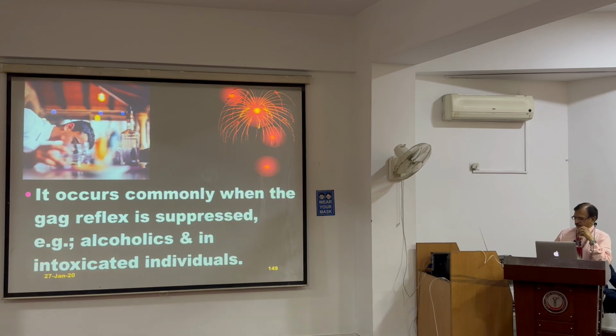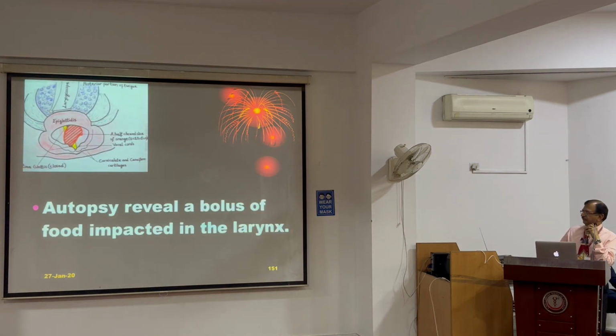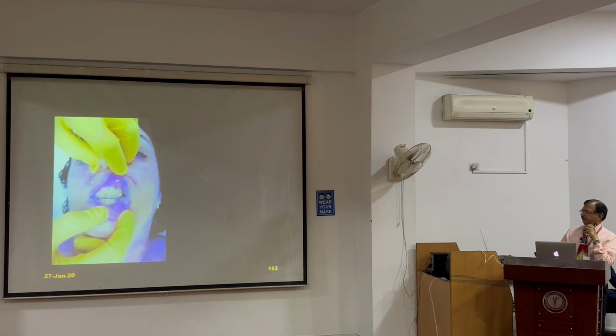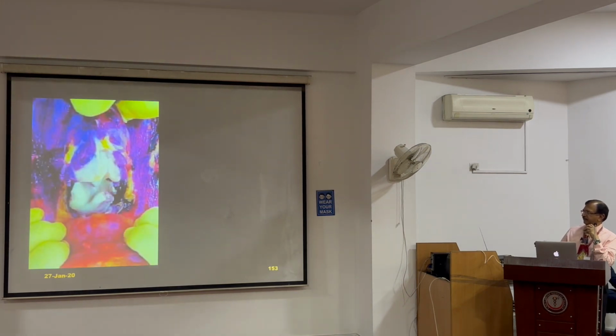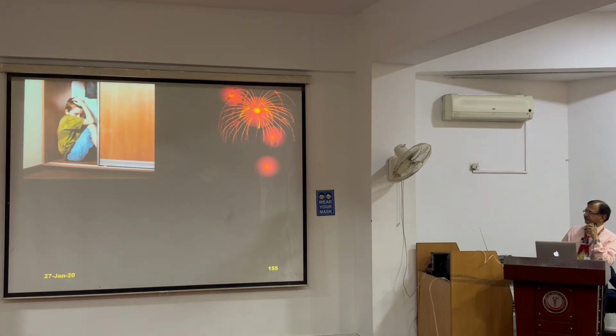And this is usually seen in alcoholics, who have a suppressed gag reflex, being intoxicated, and death is due to excitation of the vagus nerve and cardiac arrest. And at autopsy, you will find the bolus of food or the material which has been impacted. So this was a case where a piece of meat was extracted from the respiratory passages.